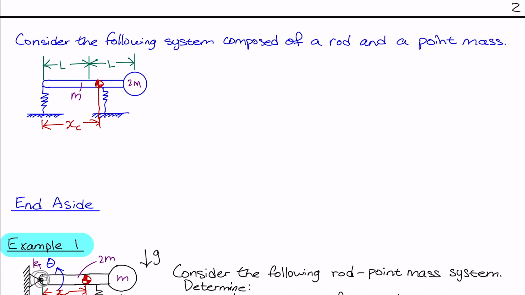In this case, we can just write XC equal to, so the mass of the rod has a center of mass at its center, or just L, so that's going to be M times L, plus for the point mass, it's going to be 2M times 2L.